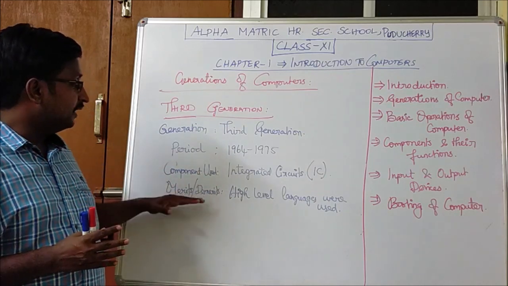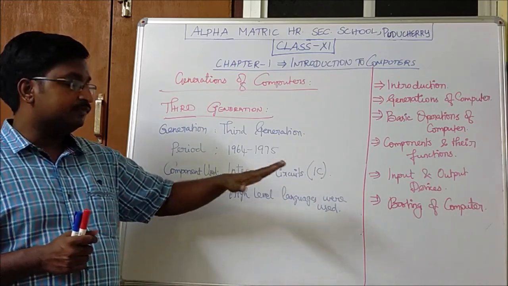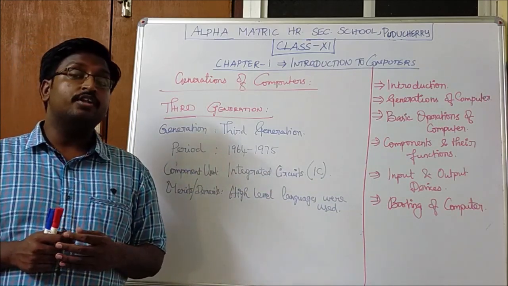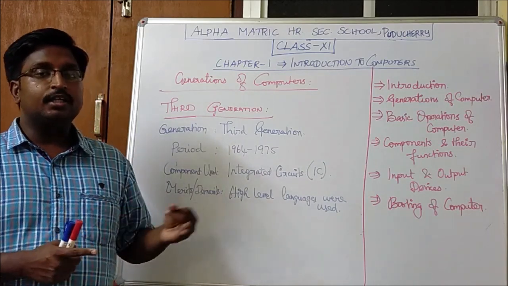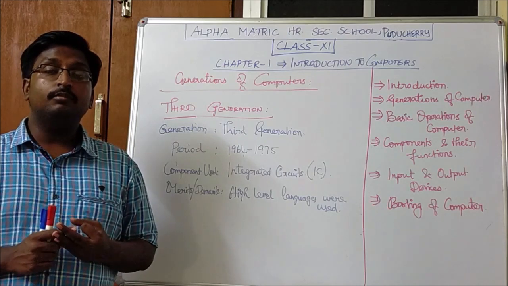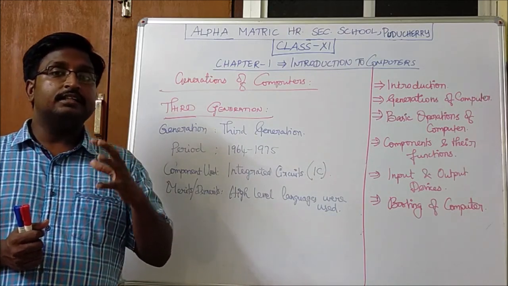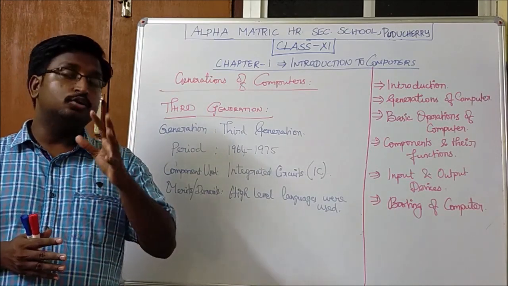For the merits and demerits, the unique merit is that high level languages were used in the third generation. We have already seen machine language and assembly language, and here we see high level language. A high level language is a natural language that can be easily understood by a normal human, the user.